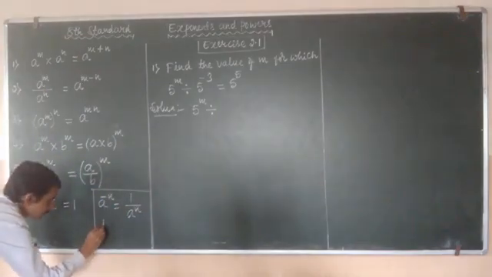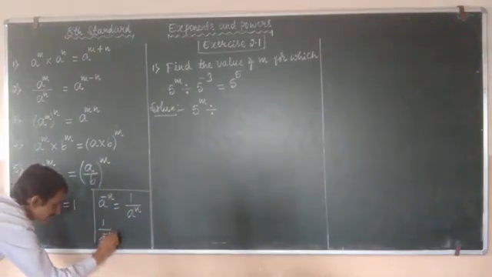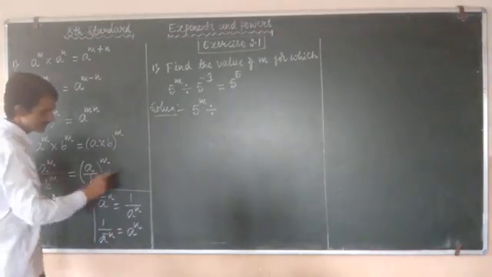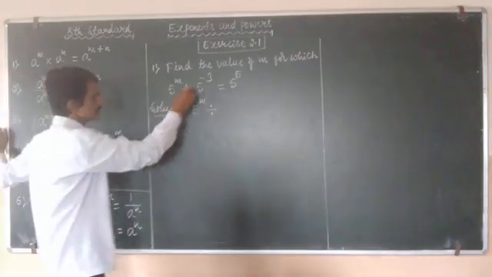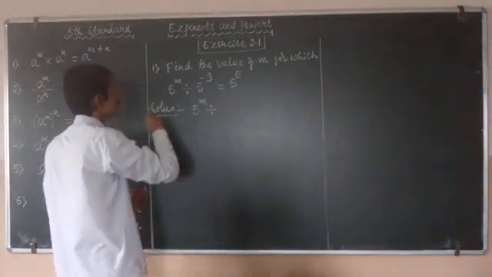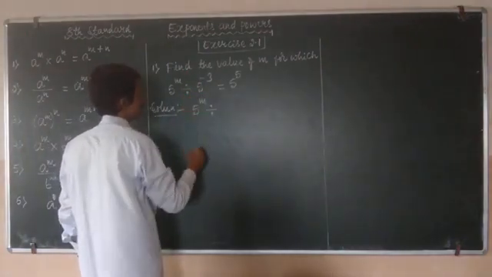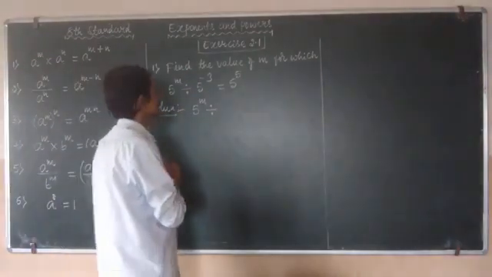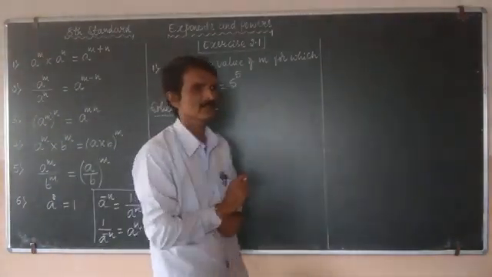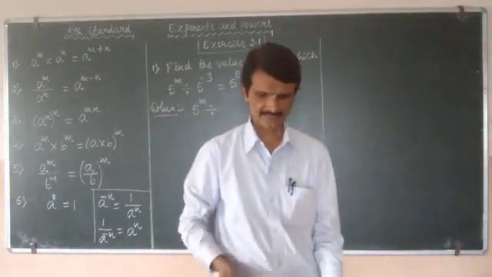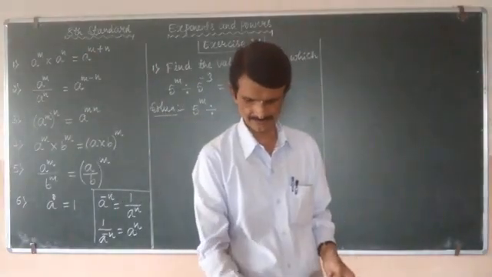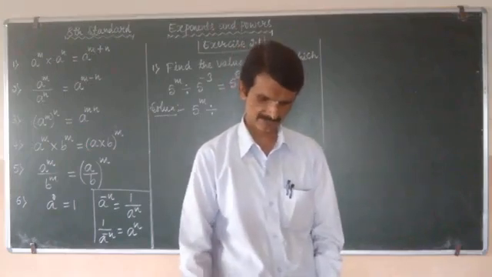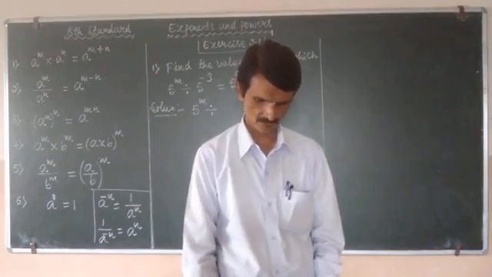This can be converted to positive. So this can be written as 1 by 5 cube.